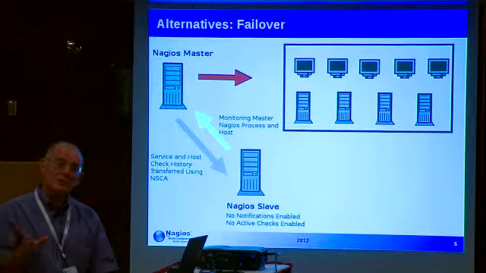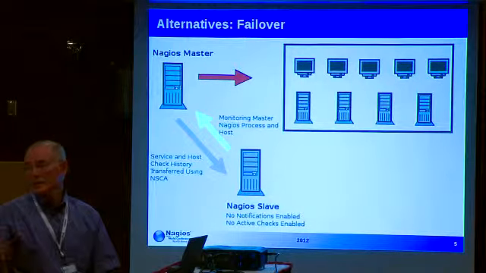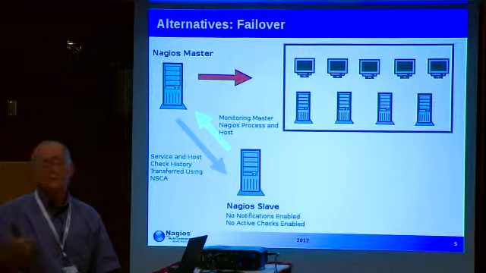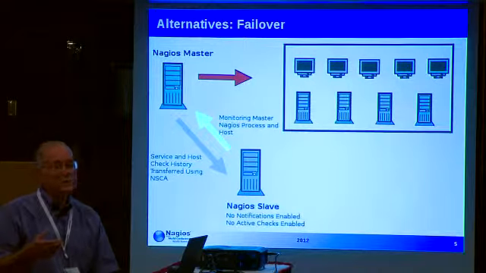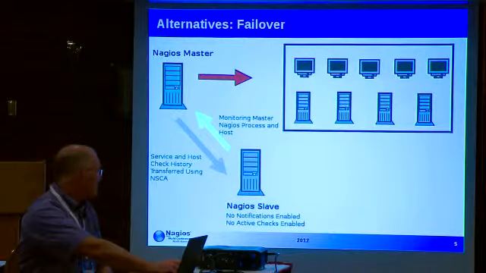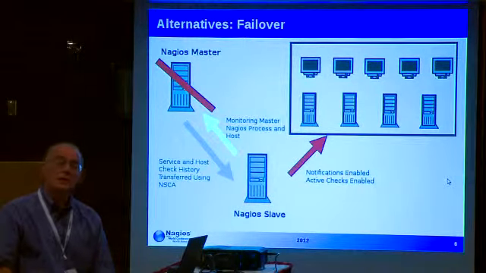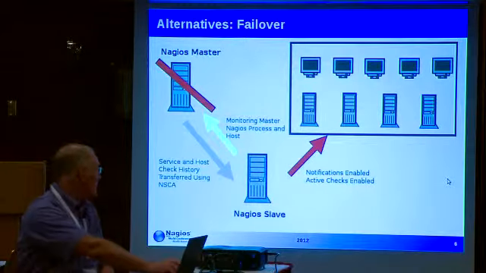But you're still monitoring with NRPE, which means that you are monitoring all of your hosts still because NRPE is up and running, not monitoring services or notifications. And again, if it goes down, then you can see it switches over, activates those things. Again, not the perfect solution.